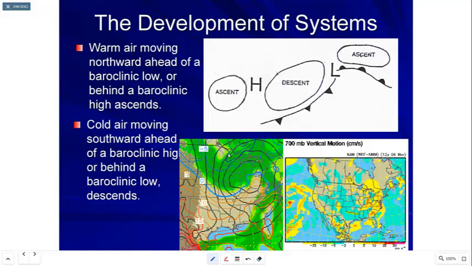And then with the strong cold air advection back through parts of Wisconsin into North Dakota and Minnesota, we go neutral or to the blue side, which is descending air motion. This particular chart is the 700 millibar vertical motion in centimeters per second.